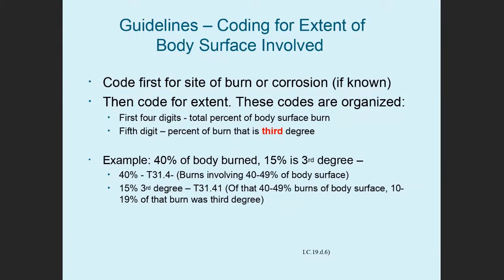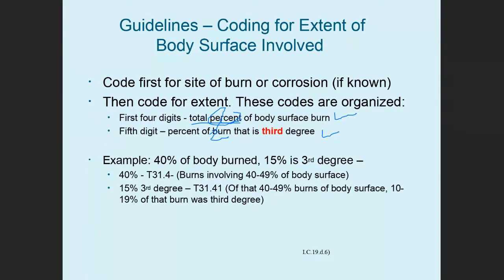Codes for extent of body surface are coded after the codes for the burn, assuming the site is known. So the 4th digit indicates the total percentage of the body surface. The 5th digit is the percent of this that is 3rd degree. This 5th relates to 4th. So for example, if 40% of the body is burned and 15% is 3rd degree, you do T31.4, saying burns involving 40 to 49% of total body surface.